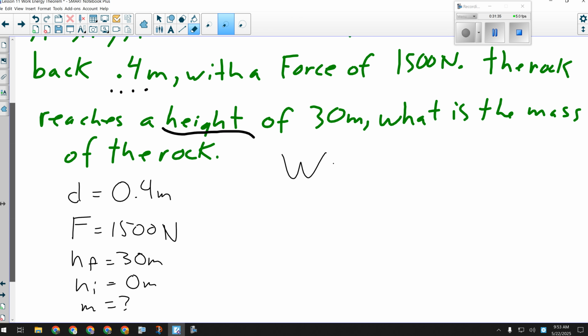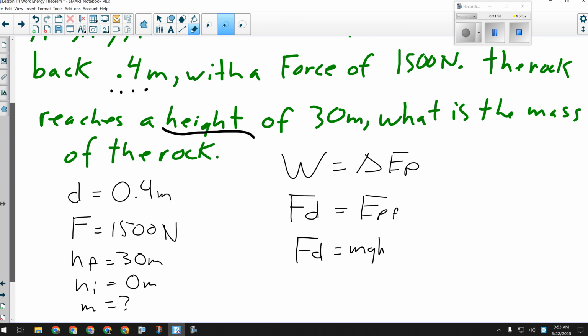So work is a change in potential energy. I have force and distance. That's going to be final potential minus initial potential, which is 0 because we're on the ground. So this comes down to force times distance equals m times g times h final.